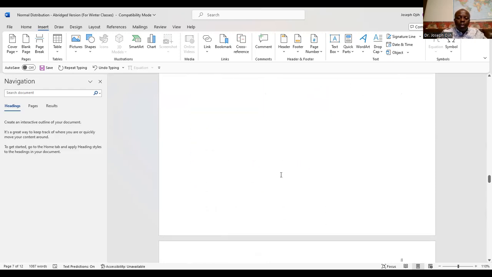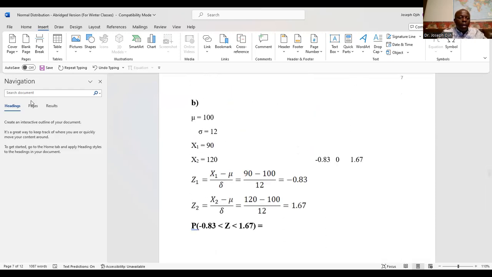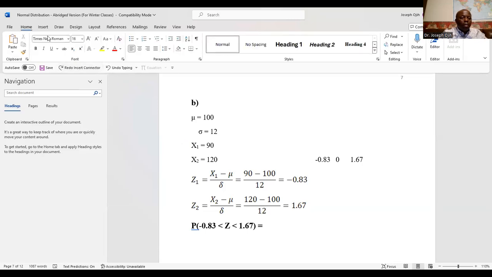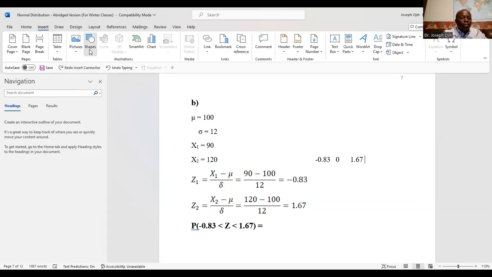Now we can put the lines from here. So I'm gonna put the line on this spot to that spot.